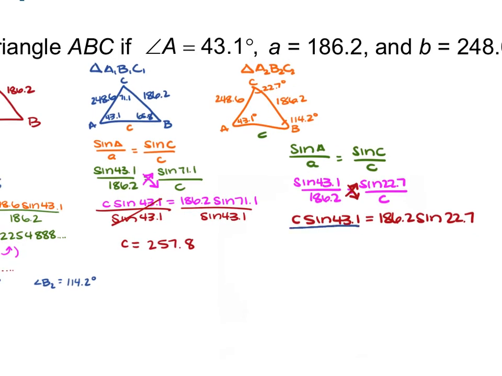From here, divide each side by the sine 43.1. These cancel. Use your calculator.